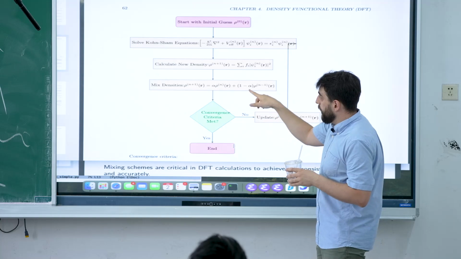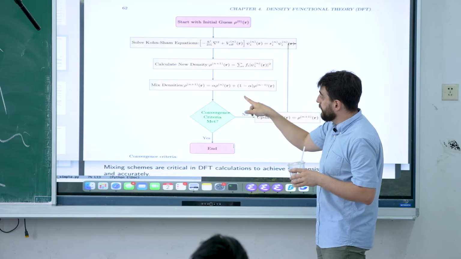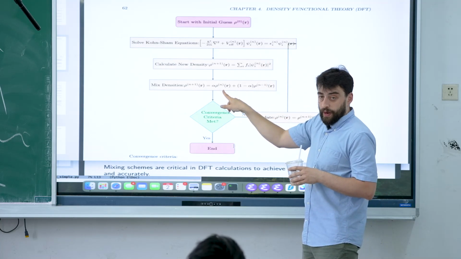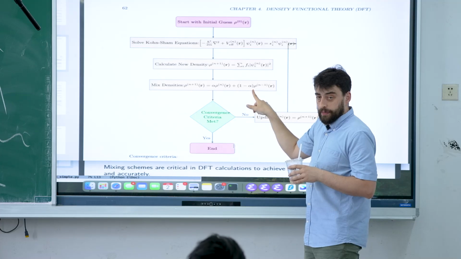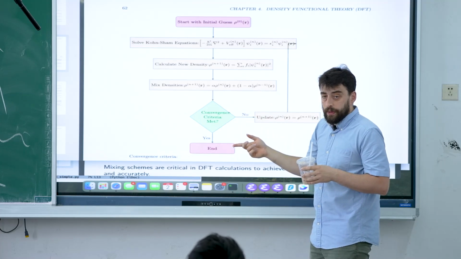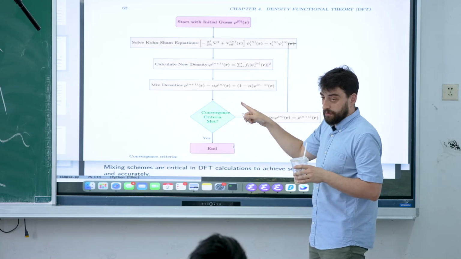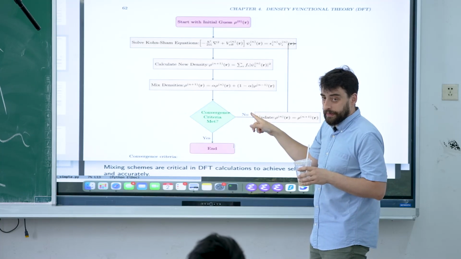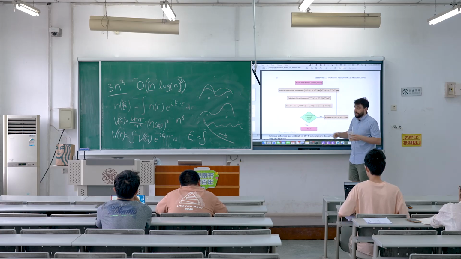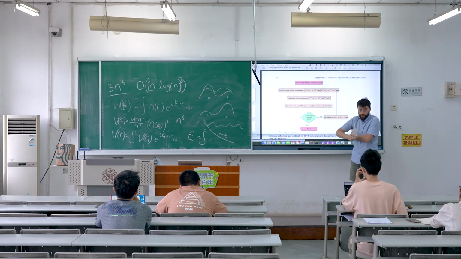And so if I put the correct density into here, I'm actually just mixing the correct density with the correct density, because the new density is the same. And so once you reach convergence, you're actually just mixing the correct density with the correct density. And so you never actually change the final result.